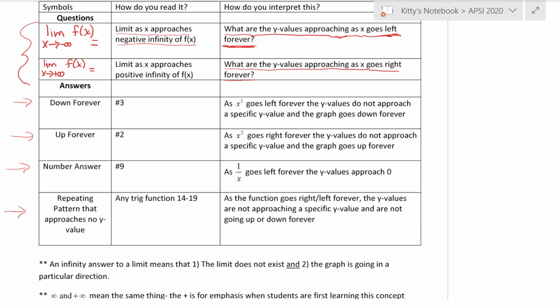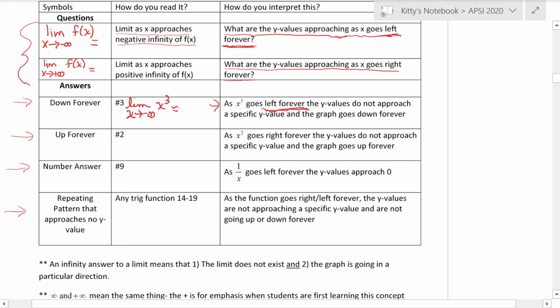So yesterday, and I'm going to the third column, you were asked to find out what happens as x cubed goes left forever. So let's write down what the symbol question would be. We're going to write the limit as x goes to, I'm going left forever, so that's negative infinity, of x cubed.